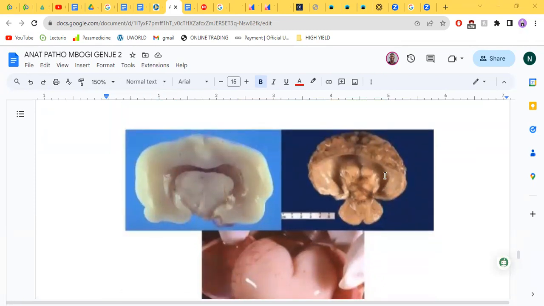Now, who can give us the diagnosis of this childhood or embryonic abnormality? Holoprosencephaly, correct. Now, there are 3 types of holoprosencephaly. Which types are these? How can you name the types of holoprosencephaly?